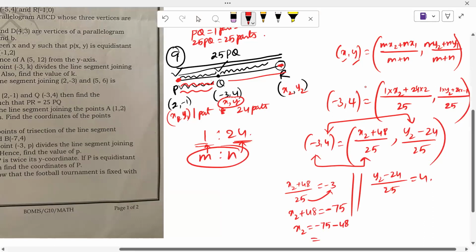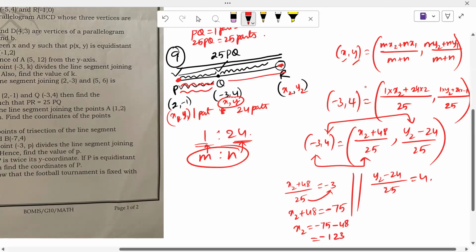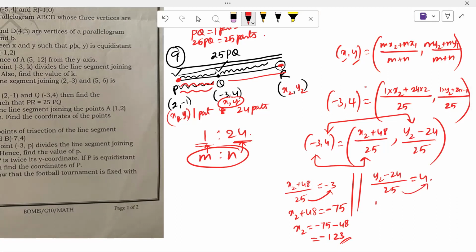Add both of them: 70 plus 40, 110; 5 plus 8, 13; 110 plus 13, 123. So minus 123 is x2. Send this here: y2 minus 24 is equal to 25 times 4, which is 100. y2 is equal to 100 plus 24, 124. So therefore, point R is equal to minus 123 comma 124.